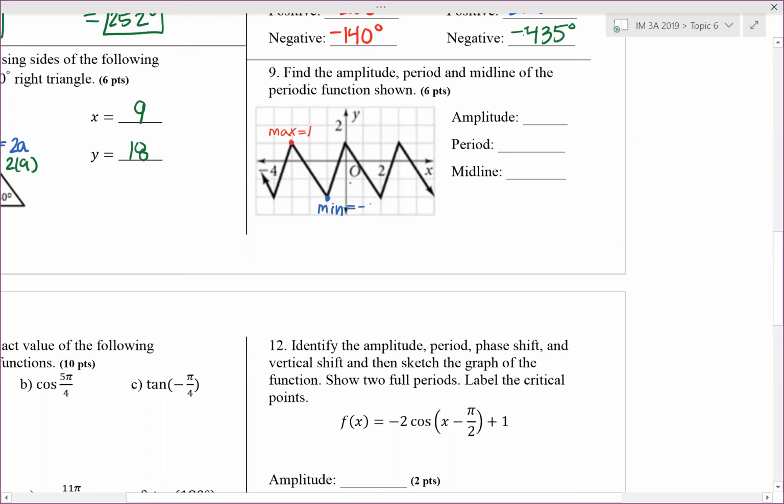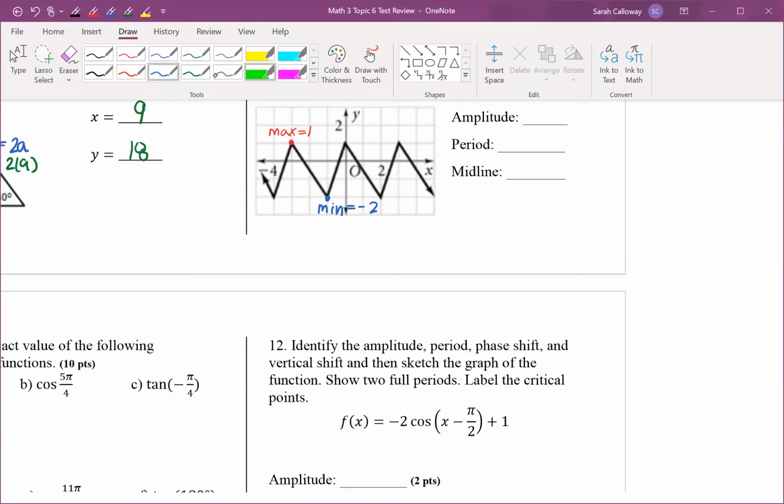And so I can see visually that there's 3 boxes across. So the midline is going to cut those 3 boxes in half. And so if I find the middle of 3, that means there's 1.5 on either side.